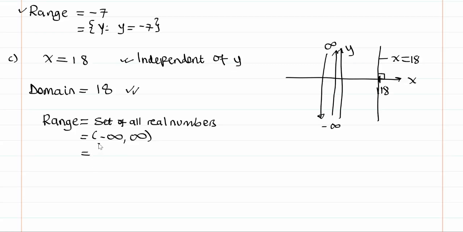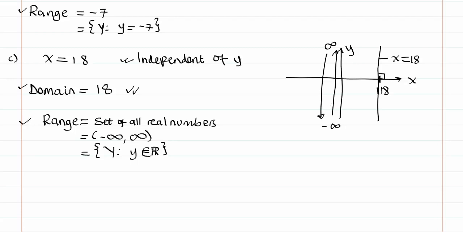In set builder format, our range is the set of y for which all the members are real values of y, and therefore this is the solution to part C. This is the range and this is the domain.